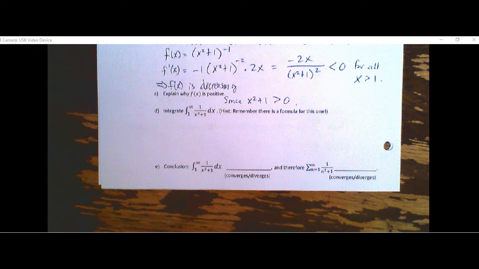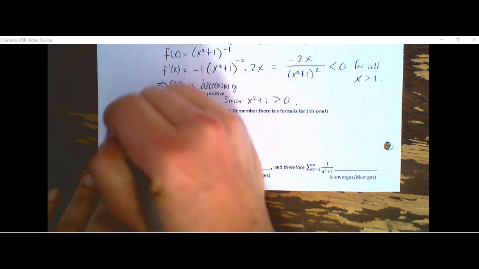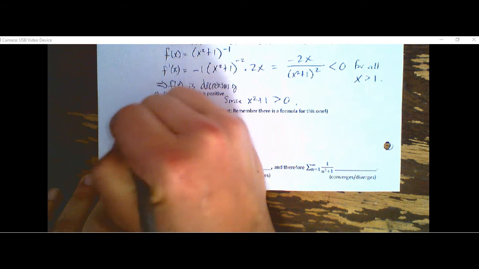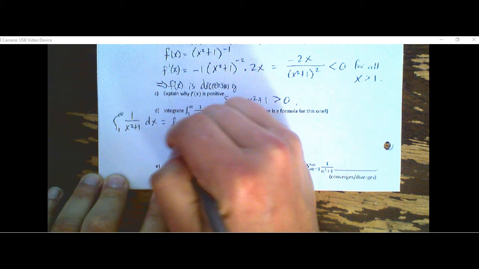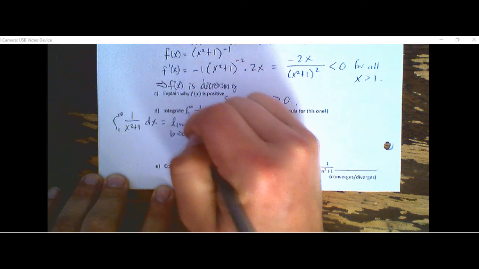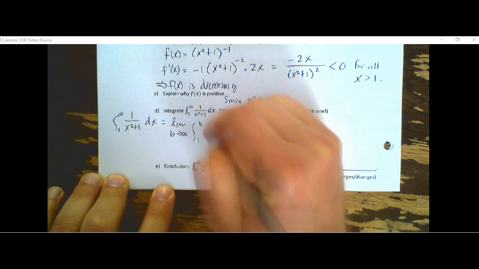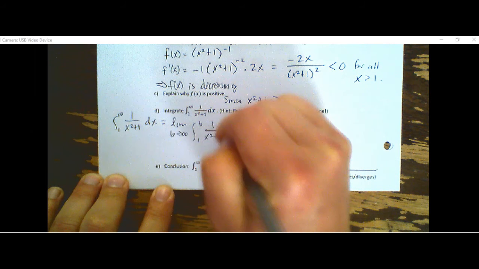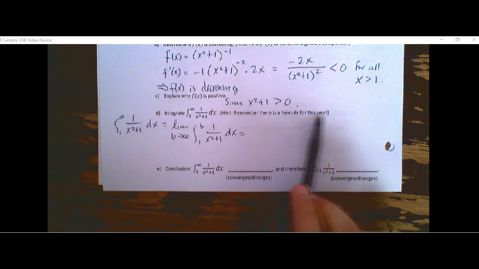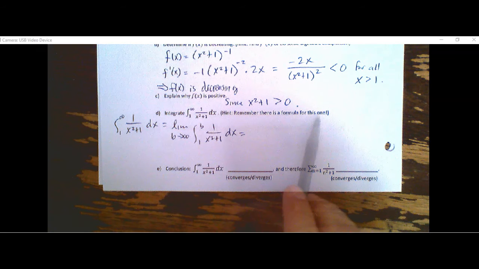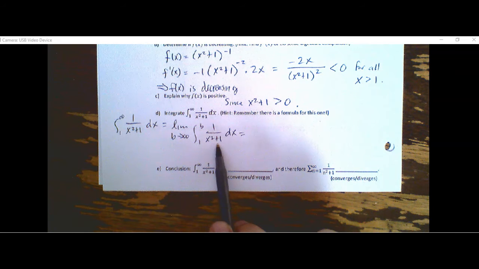Now our improper integral. We're looking at the integral from 1 to infinity of 1 over x squared plus 1 dx. So the limit as b goes to infinity of the integral from 1 to b of 1 over x squared plus 1 dx. Remember there's a formula for this one, from when we did the trig sub or partial fraction unit.